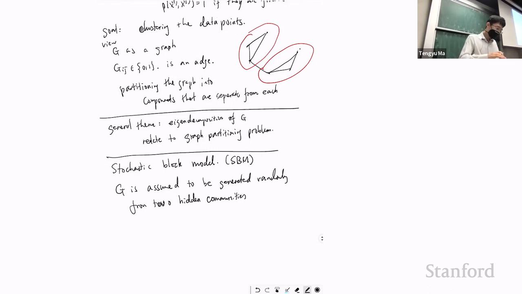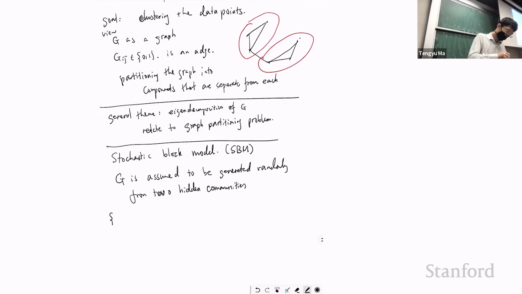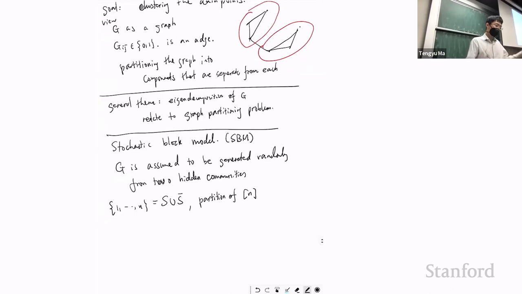So the setting would be something like you have n vertices or n users, and you assume that there are two hidden groups, S and S bar. This is a partition, meaning S and S bar are disjoint. Then you assume that if two users are from the same hidden community, they are more likely to be connected via an edge.